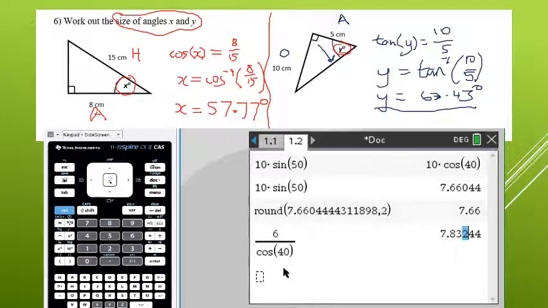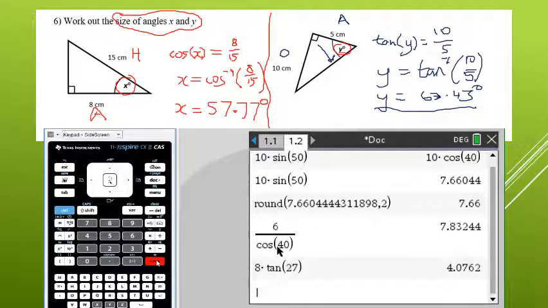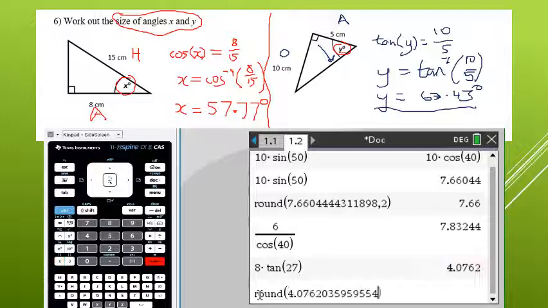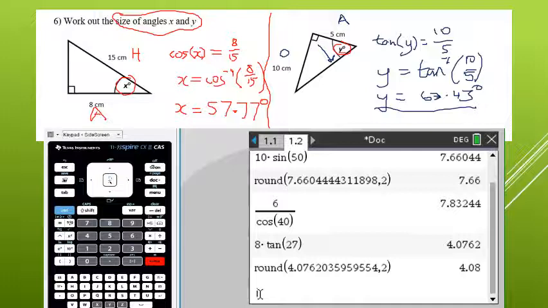And the last one we had to do in that series was 8 tan of 27. Go control enter and get the answer 4.076, but when we round this one we look at the third digit, it's 5 or bigger, so I need to round that up to 1, so 4.08, or I could use the calculator's ability to round for me, comma 2 decimal places, 4.08.